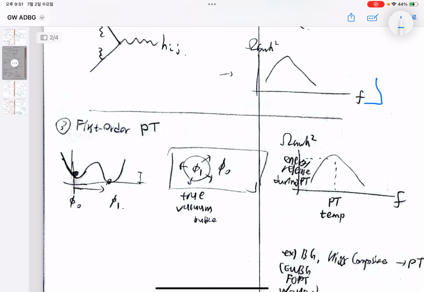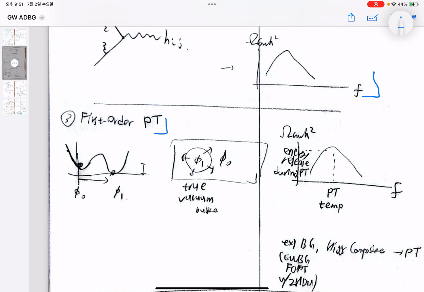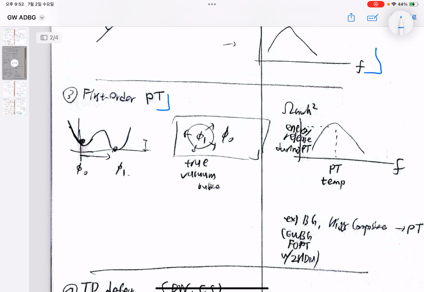Another possible source is a first-order phase transition, unlike the crossover or second order. There are two simultaneously existing vacua, so that the state can transit from the false vacuum or metastable state to the true vacuum.